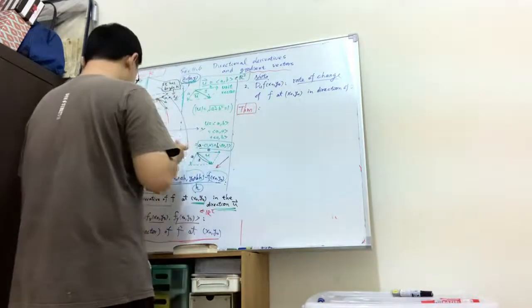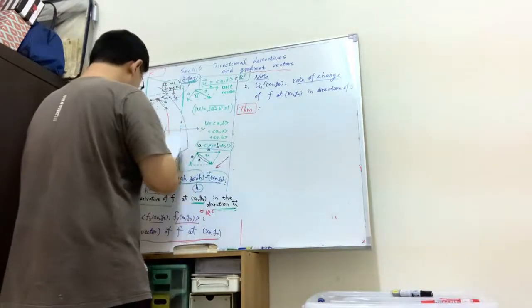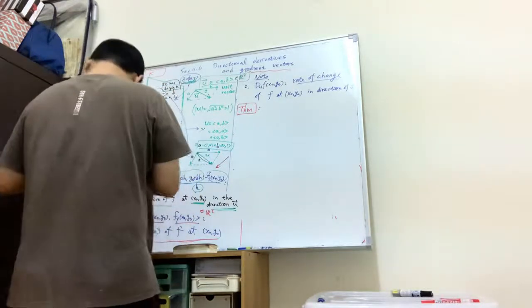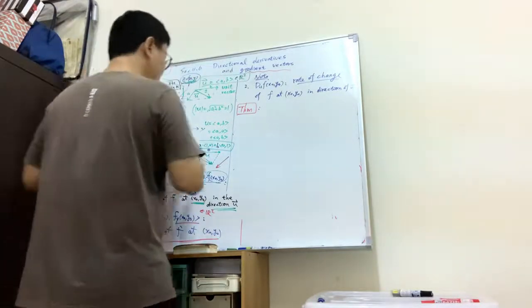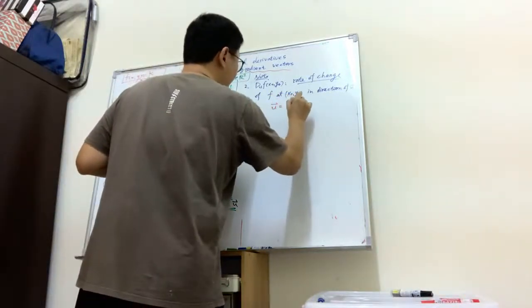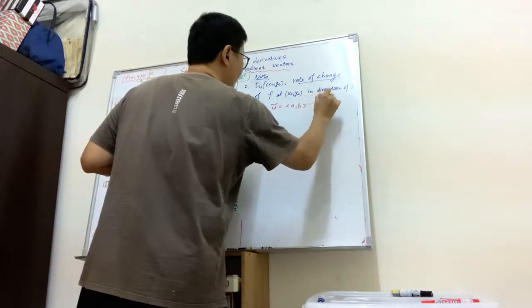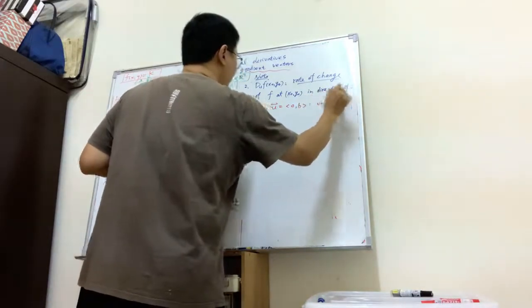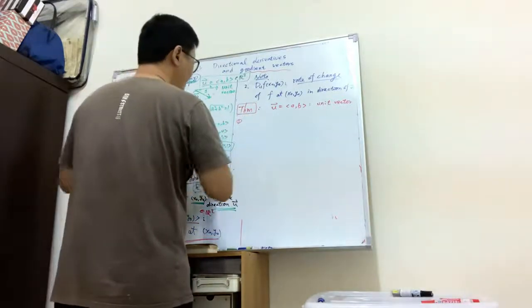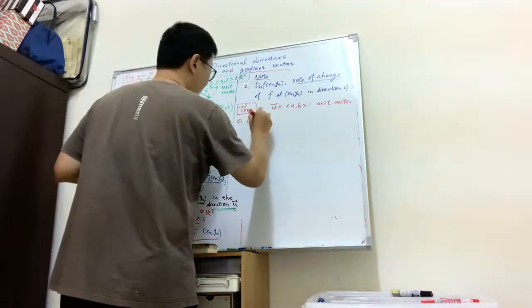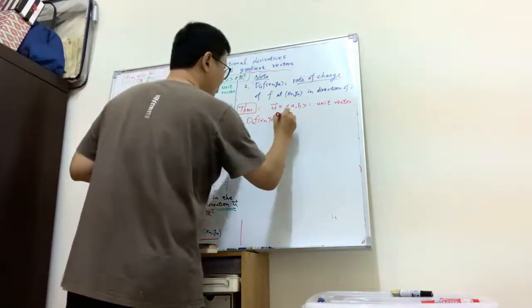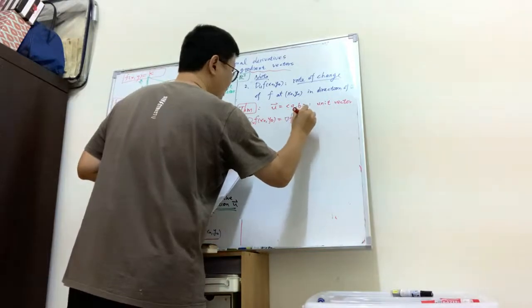We have a unit vector u = (a, b). And our formula is D_u f(x0, y0). Our result is that it's the gradient of f at (x0, y0) dotted with u.